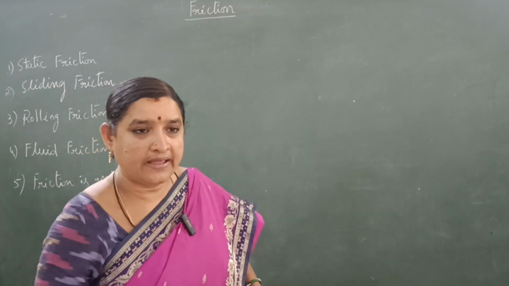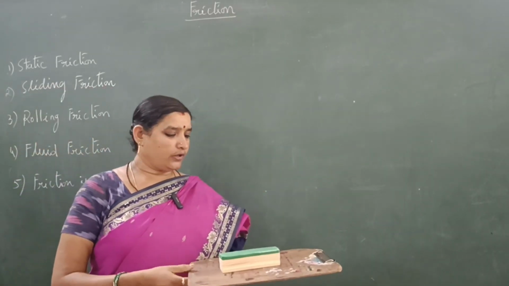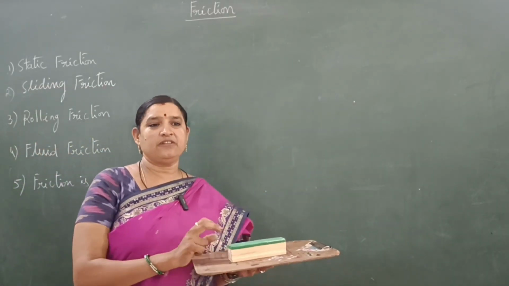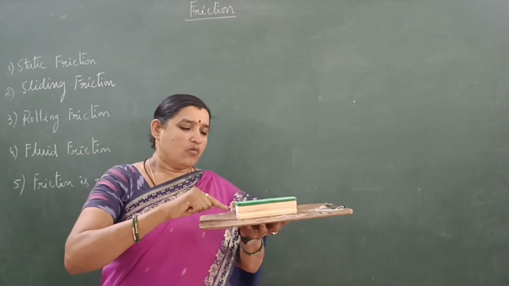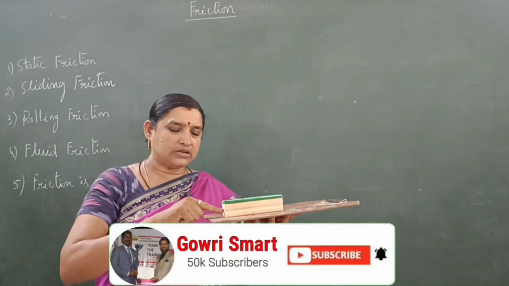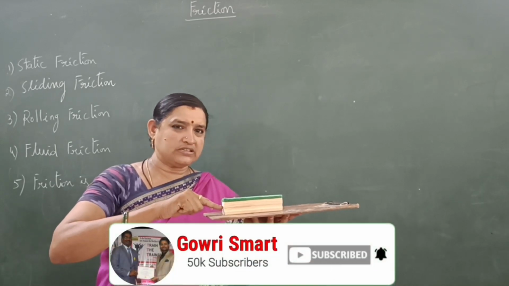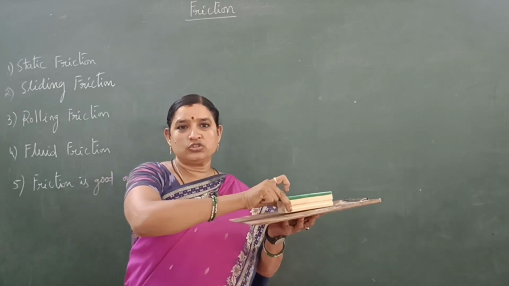The next one is sliding friction. Before going to sliding friction, we have to know about limiting friction. What is meant by limiting friction? One body is moving on another body. I apply a little force, it does not move. I increase the force, it does not move. At a particular force, the object gets ready to start moving.